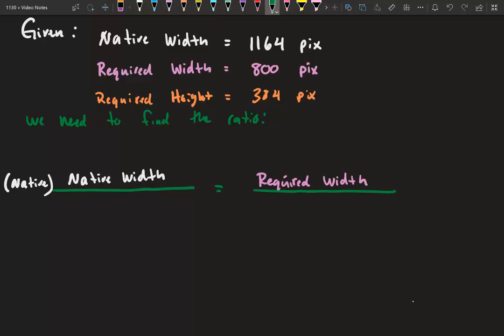That's what we're trying to find. So on the left side we have native, top being the width. So on the right side we have required. So what we're looking for now is another requirement. We have the required height.